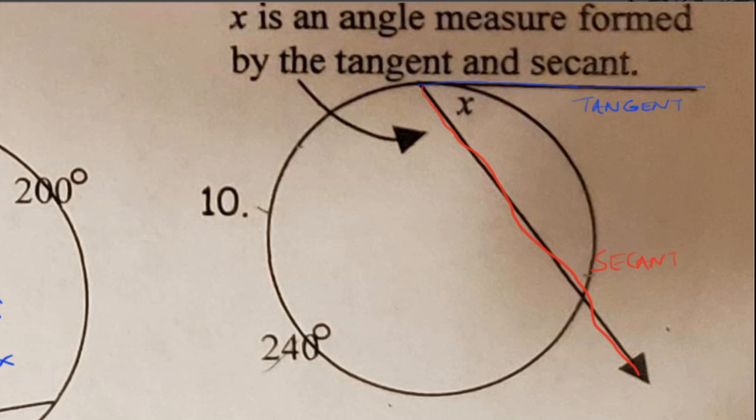So the outside part right here is 240 degrees, and that leaves the other part, which we'll denote by green, as 120. So this has to be half of that, which is 60 degrees. So x here is 60.